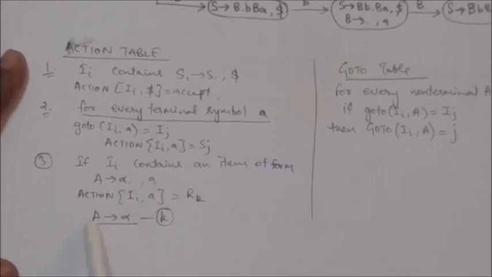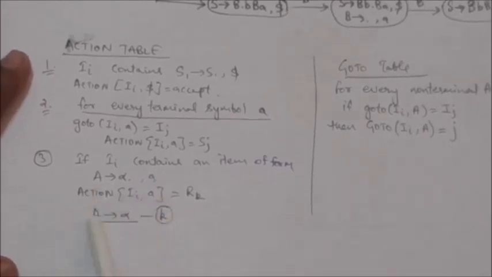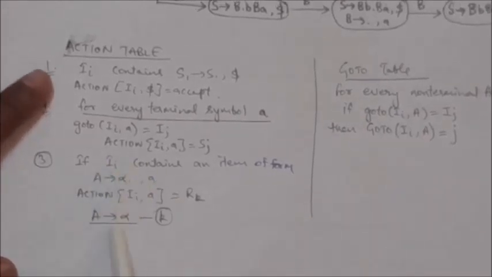What is this k? k is the production rule number of this production rule, A derives alpha.